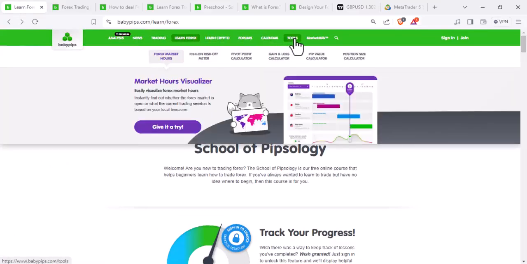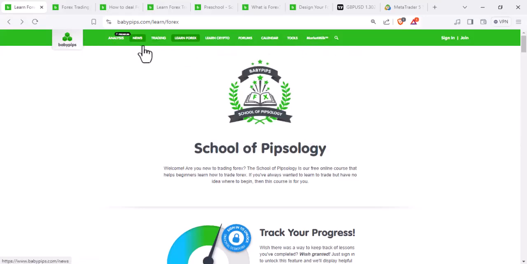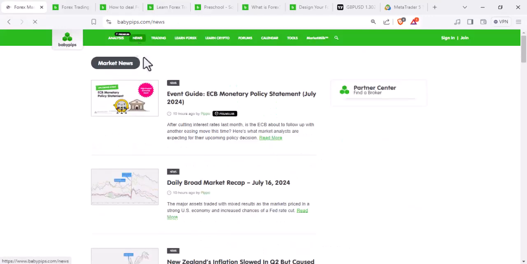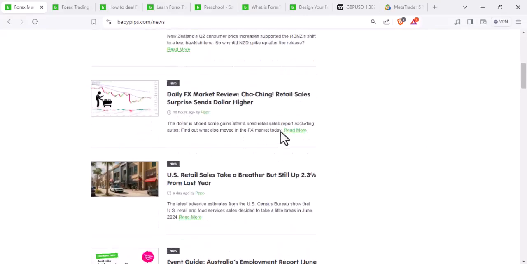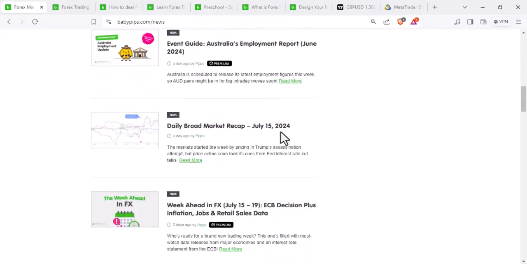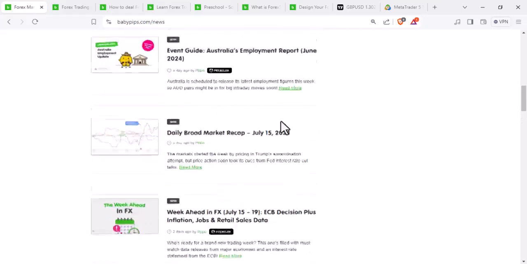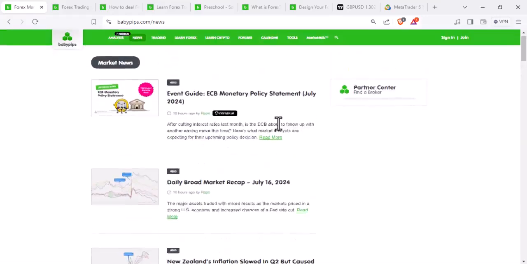Go to the news, and then just follow whatever they are posting every day. You can begin to see what other professional traders are doing, how they analyze the charts, what they are expecting, and you can also tailor your trading according to their advanced analysis.